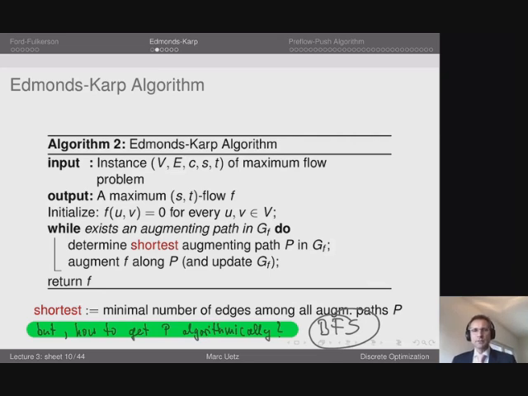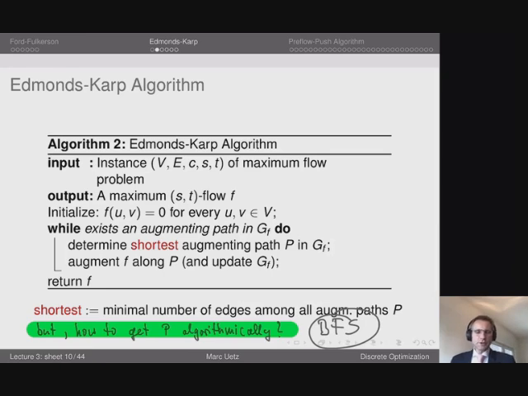Because if you remember, breadth first search is an algorithm which fans out from the source vertex and looks at all the neighbors and then looks at all the neighbors of the neighbors and so on and so on. And when we find the target node by using BFS, we will automatically have computed a shortest augmenting path in the corresponding residual graph, shortest with respect to the number of edges that it uses.